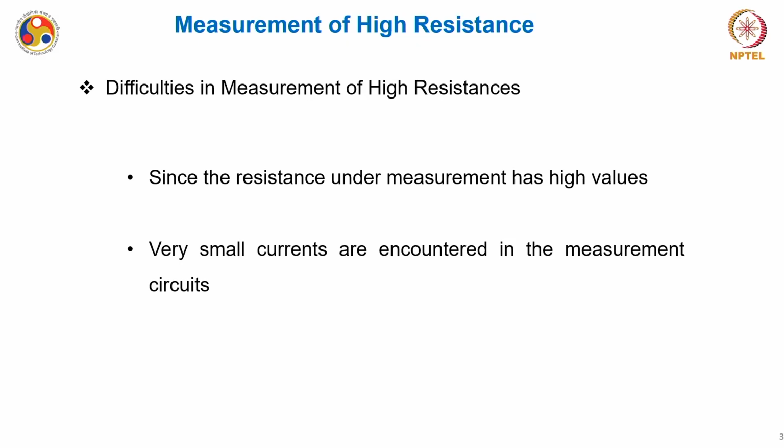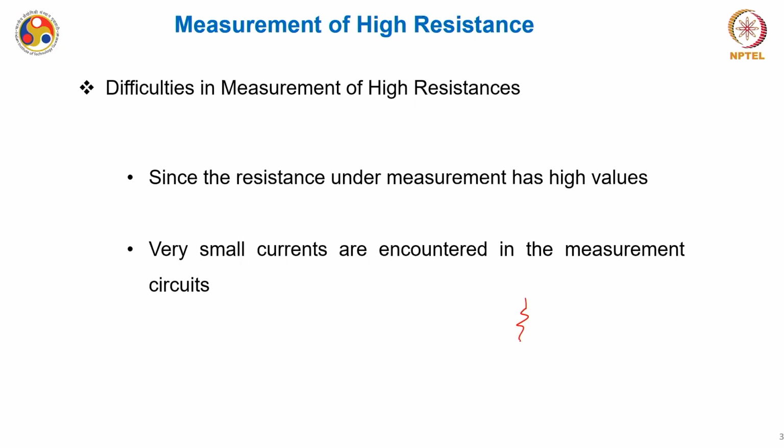If the resistance under measurement is of very high value, very small currents are encountered in the measurement circuit. So, I have a resistance R, and I have applied a voltage V. This is case 1. I have another case where the same voltage source is used.